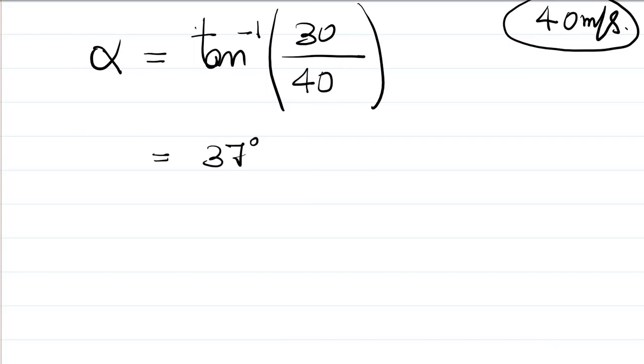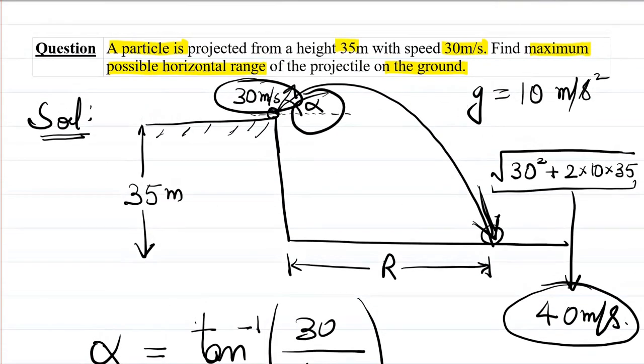So using this angle of 37 degree, we can easily obtain the horizontal and vertical components of velocity. For the initial velocity, we get horizontal component of velocity and vertical component of velocity as 18 meter per second, and this one becoming 24 meters per second.